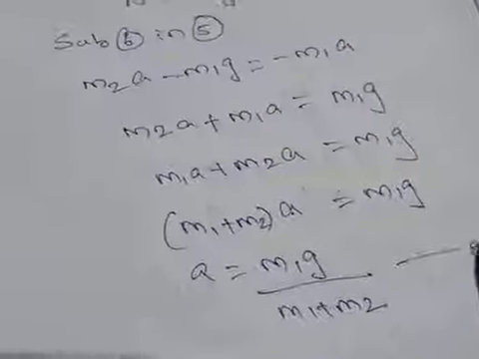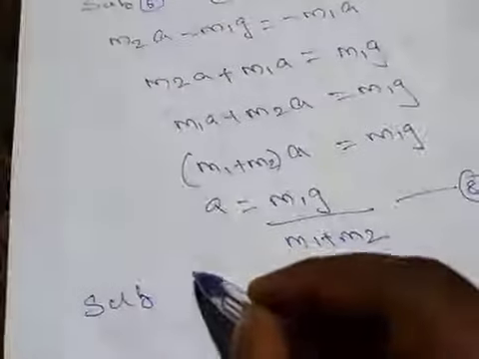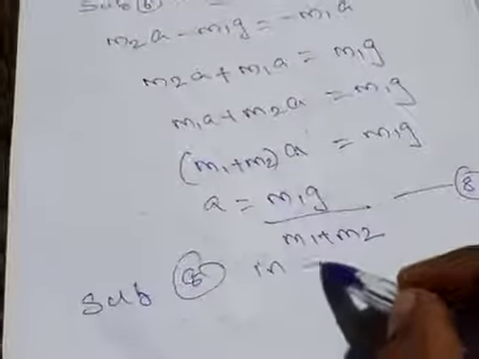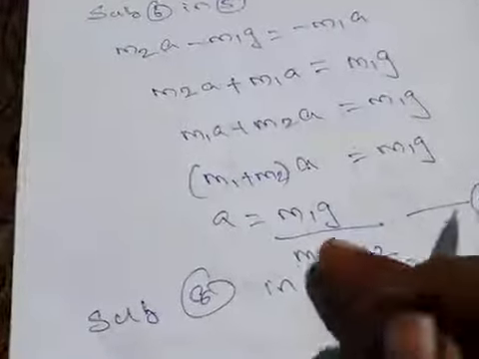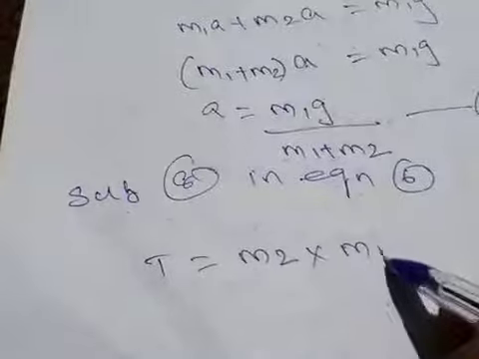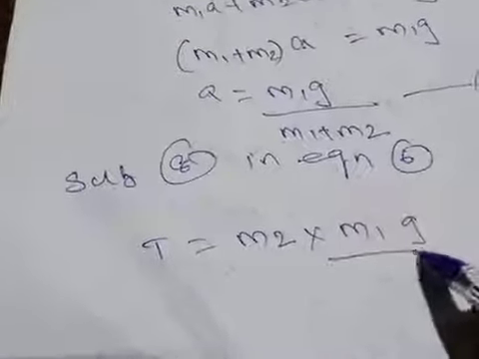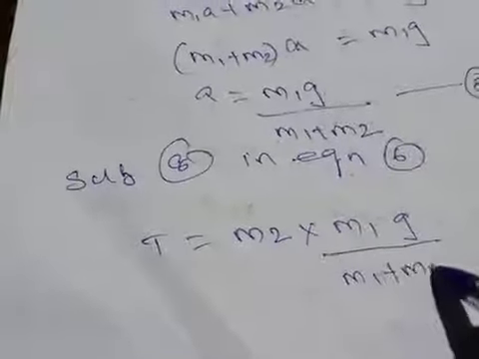Acceleration is got, this is equation 8. Now you have to substitute 8 in equation 6. So T is equal to M2A, and instead of A you put M1G by M1 plus M2.